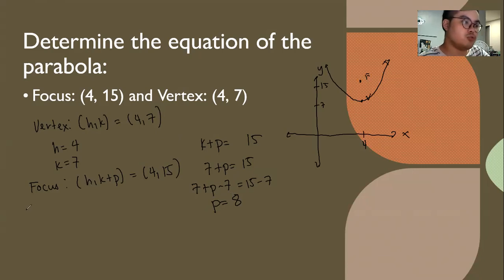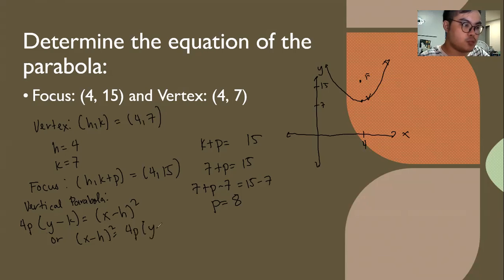Okay. So recalling the formula of the vertical parabola, what we are going to do here is we are going to write x minus h squared is equal to 4p times y minus k.